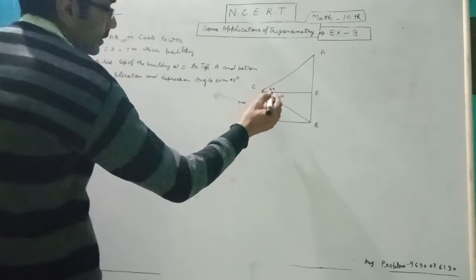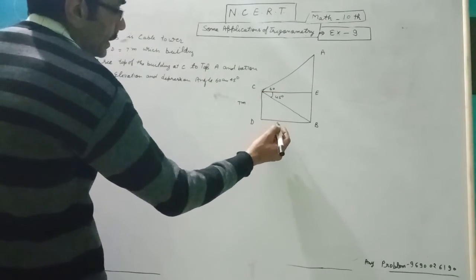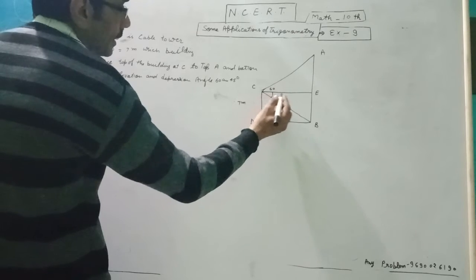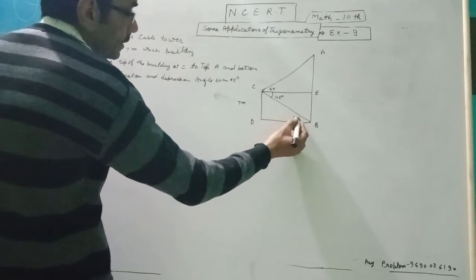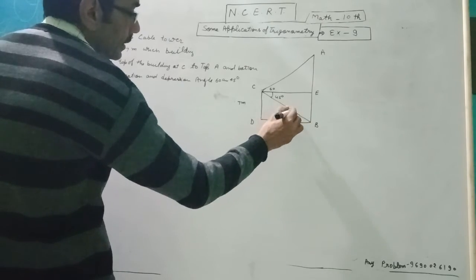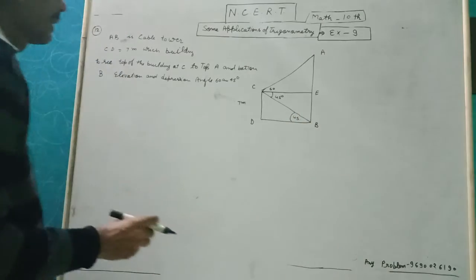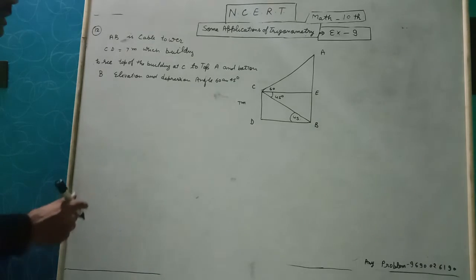When CE is parallel to BD, this angle equals this. Elevation angle is equal to depression angle.